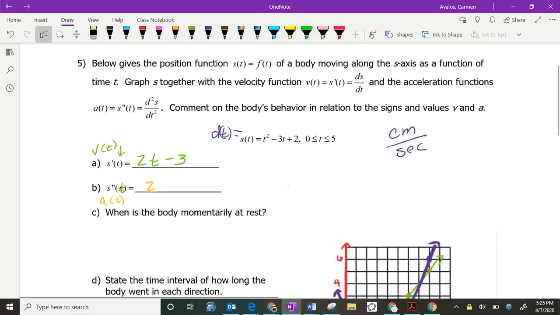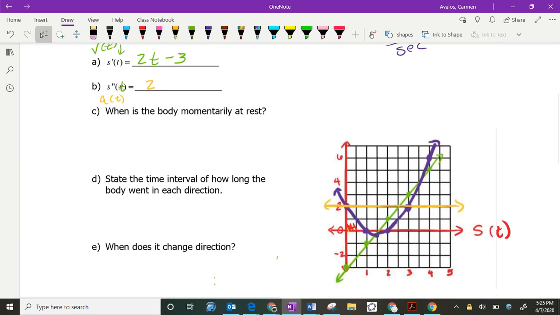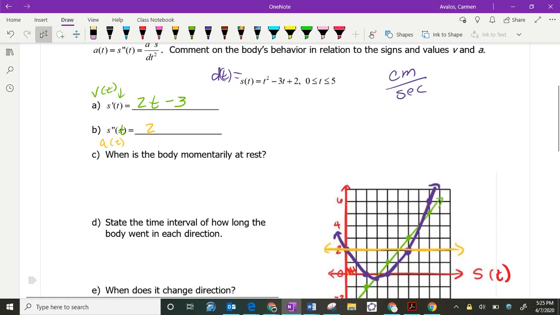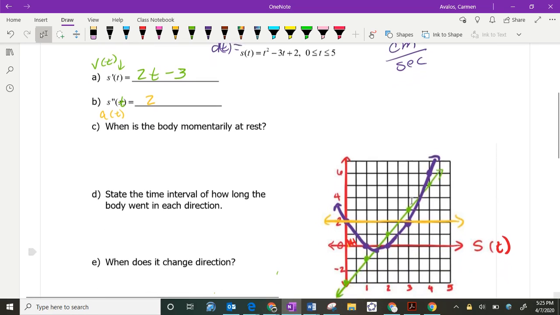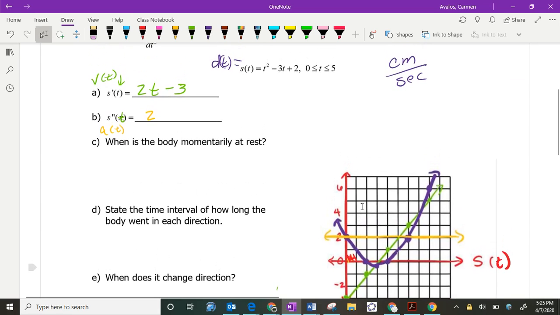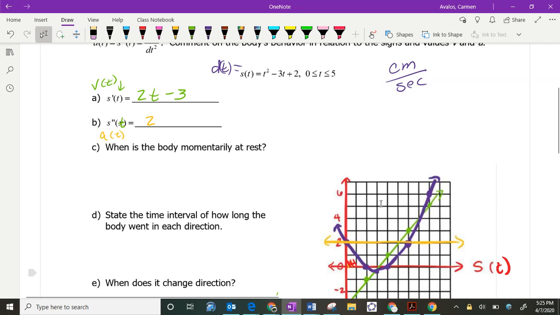Once I have those, I can graph them, and I did that here. The purple one is the original function, the distance function. Then we have the green one, which is our first derivative, and the yellow one, which is our second derivative.